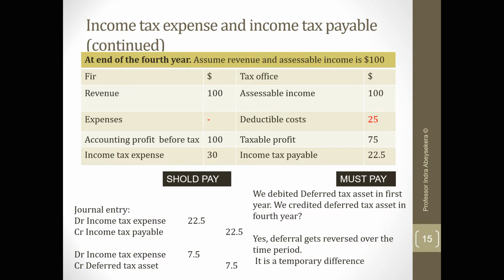So we debited deferred tax asset first, and the second year. And in the third and the fourth year we are now using up, or reversing, that deferred tax asset, and that deferred tax asset becomes income tax expense. So those taxation differences are called temporary taxation differences.